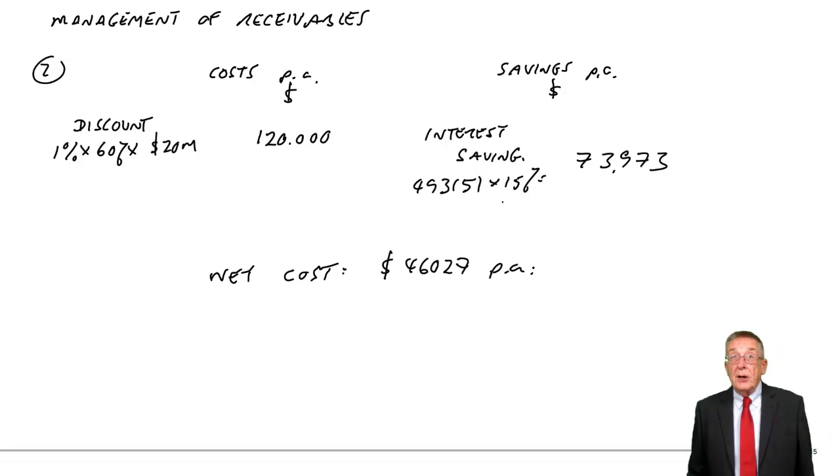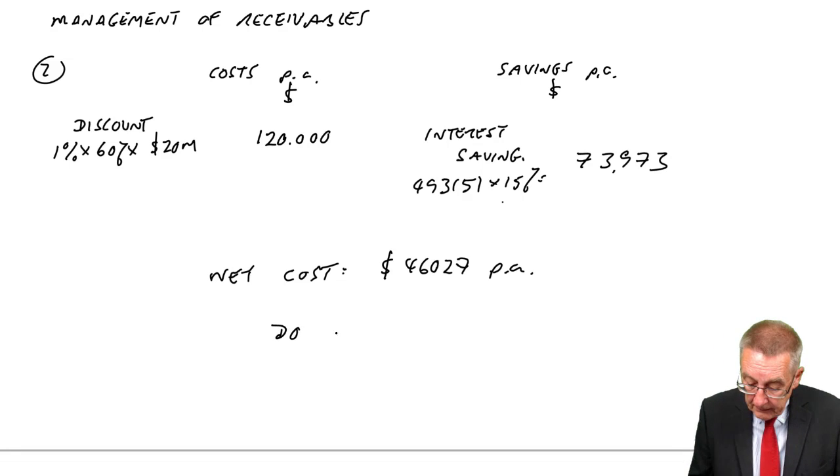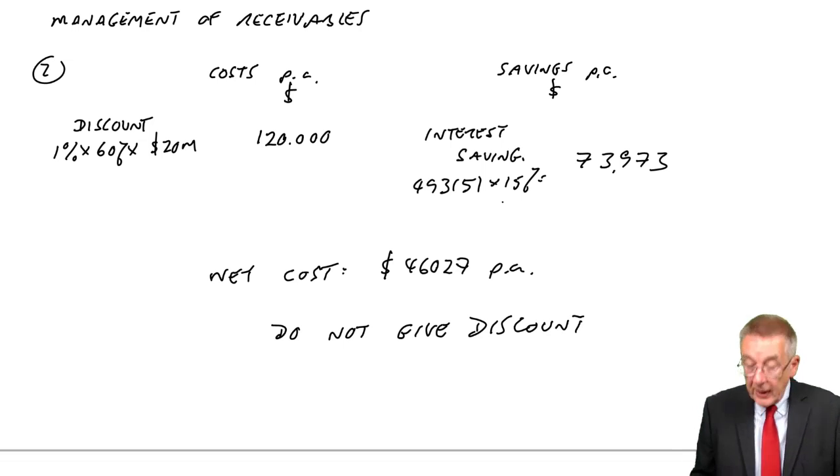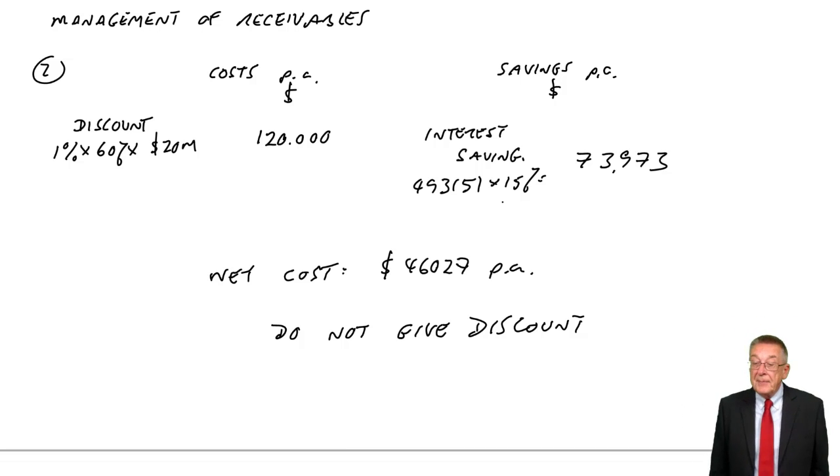And because it's a net cost, it's not worth giving the discount. And there we are. Had there been a net saving, of course, we should give the discount. But here, it's not worthwhile.